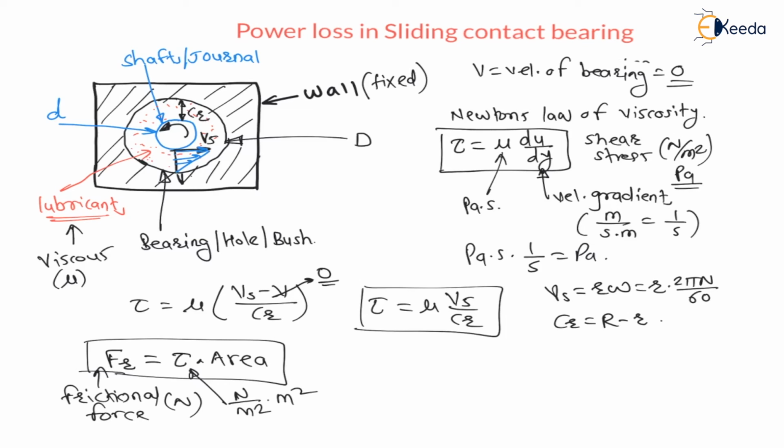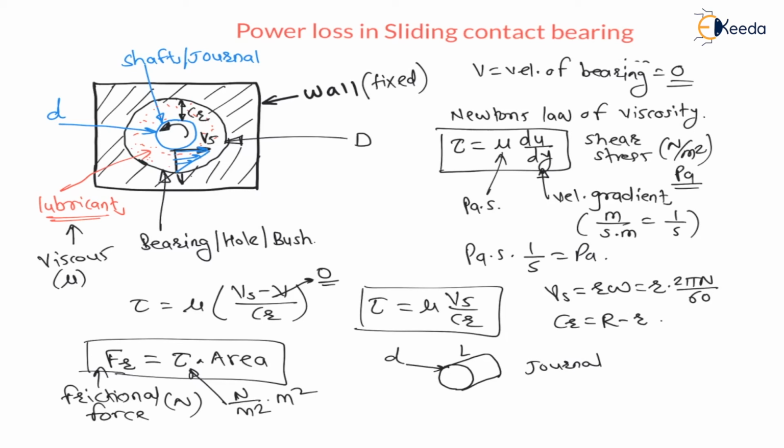Now consider the area. On the surface of the shaft there will be a frictional shear stress. Let us consider this is a shaft of length L. The portion of shaft inside the bearing is called the journal. Therefore this is a journal of length L and diameter small d.